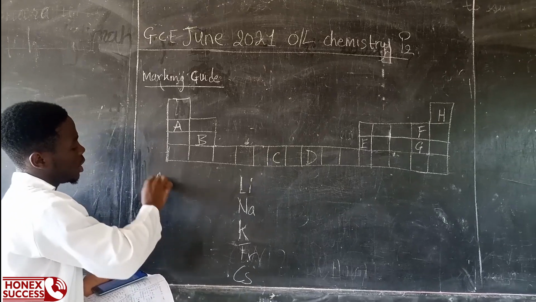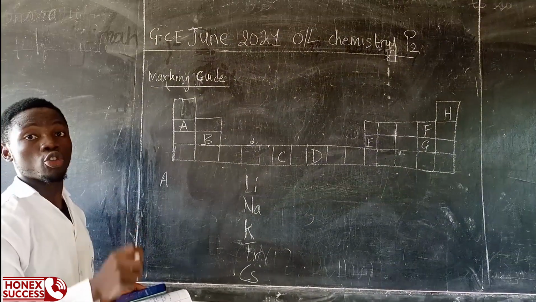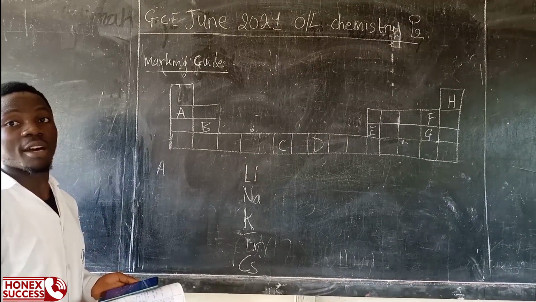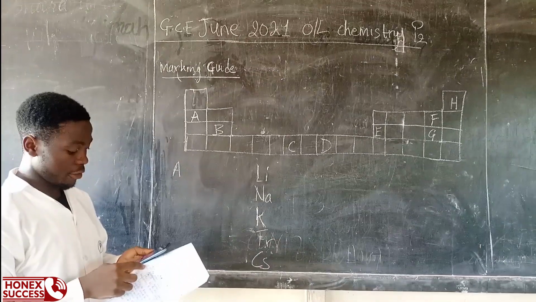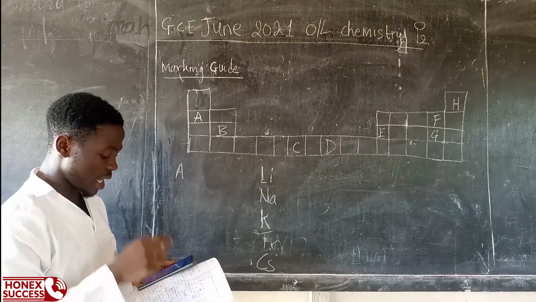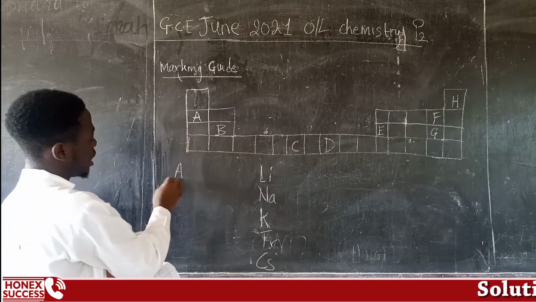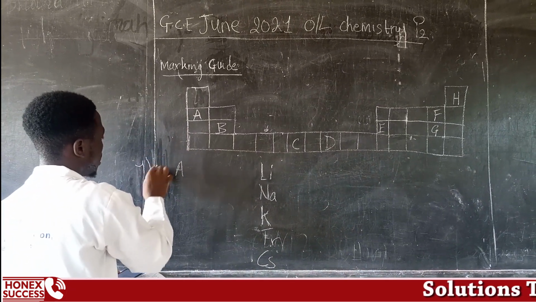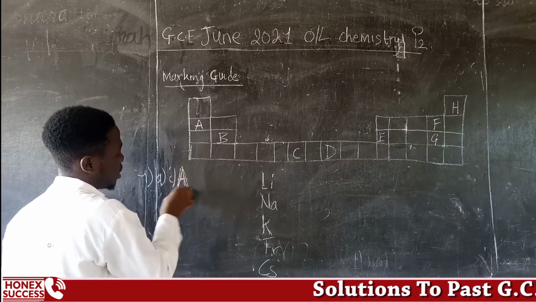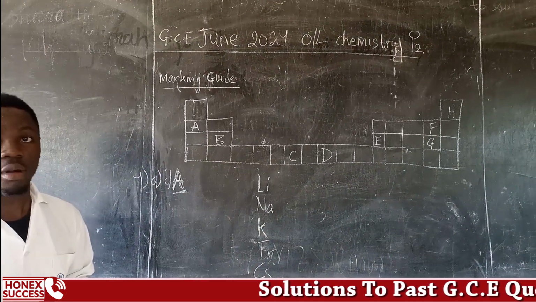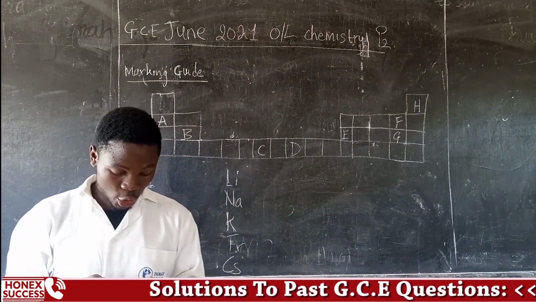That brings us to the conclusion that our element A is a group 1 metal, and also since all group 1 elements are stored under paraffin oil, A is the element that is stored under paraffin oil. So our identification of the element stored under paraffin oil is element A, that's question 1A, Roman 1.